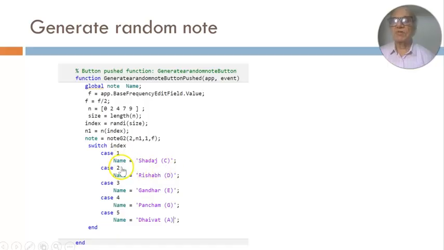But if the index was 2, remember this is Rishabh, so it will store Rishabh in the name. So at the end of this switch statement, name will have the appropriate value. So that is your function for generating the random note.